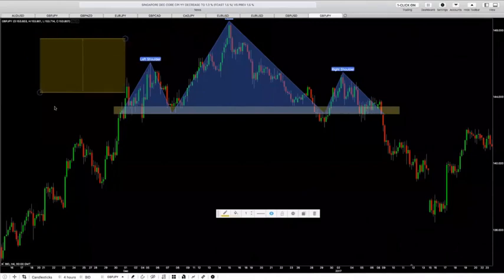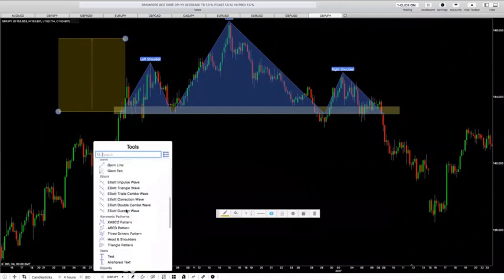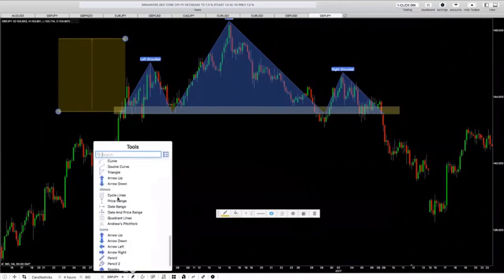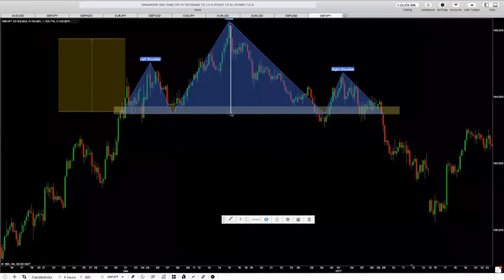So what you want to do is come back over here and get a horizontal line. I'm going to grab a segment and draw it from the high of the candle to the base of the pattern. So this was the height of the movement.